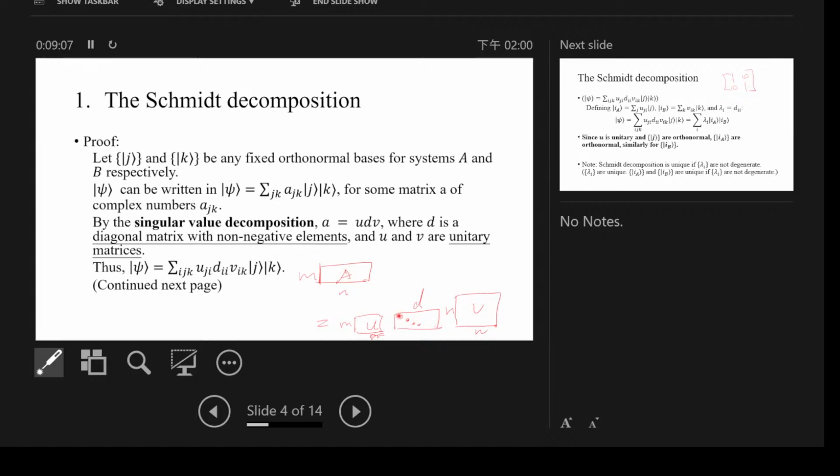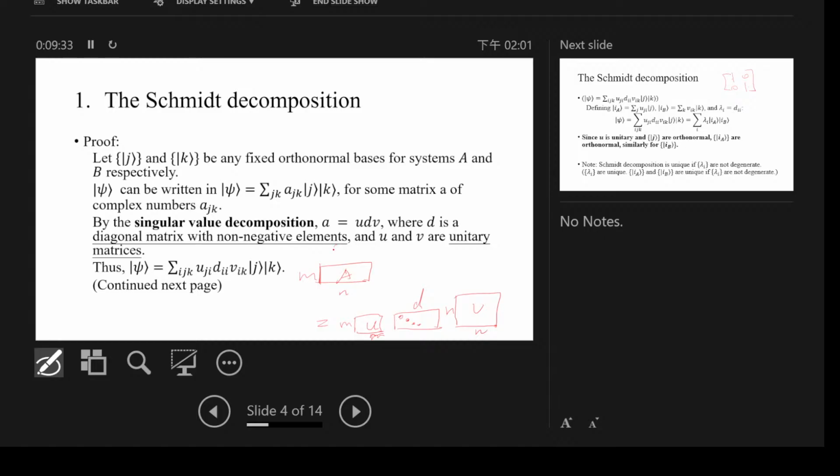Diagonal means that, because it's of dimension m times n, D is also of dimension m times n, and it's diagonal until the diagonal hits the boundary. So the diagonal entries are non-negative elements. Those are called singular values.